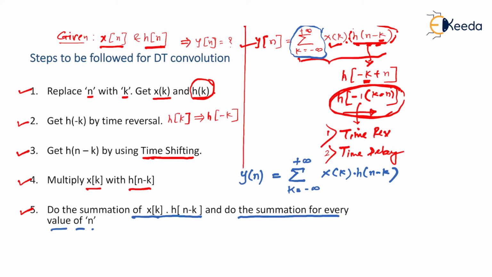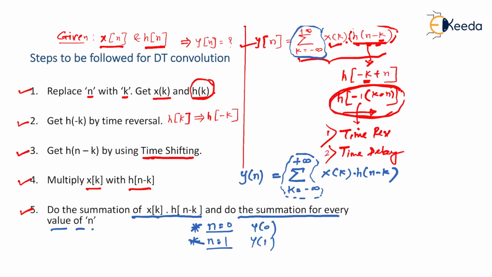So in the first step, let's say I put n equal to 0, so I'll get y of 0. Then for n equal to 1, I'll get y of 1. Similarly, for n equal to 2, I'll be getting y of 2. Now for every value of n here, that is n equal to 0, n equal to 1, we have to perform this summation. So I guess this would be quite clear to you only if we start with an example.